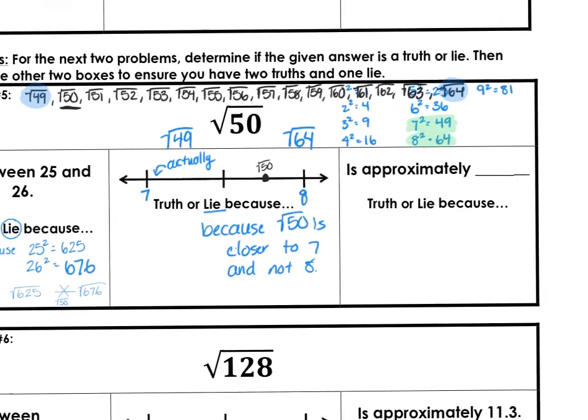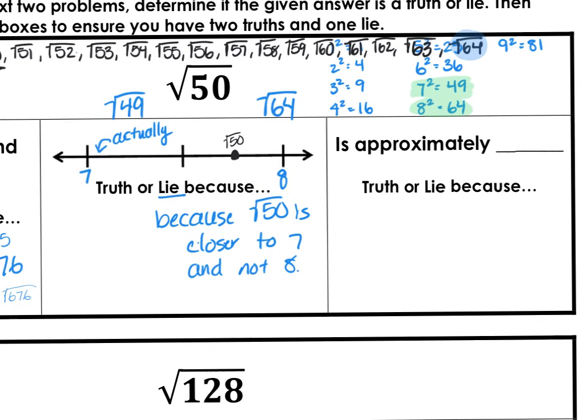Okay, and then over here, if I told you it's approximately 7.75, you would, for the same reason, say that that's a lie. But if I said it was somewhere over here, now you have to understand this part right here is somewhere between 7 and 7.5. If I told you 7.2, that's a pretty okay approximation.